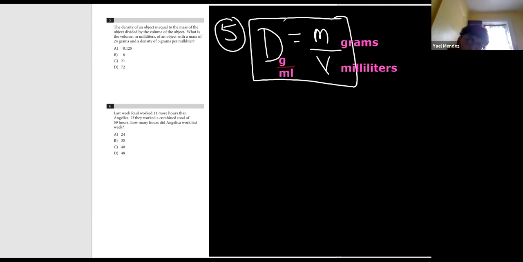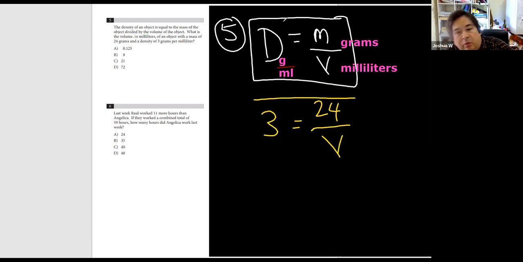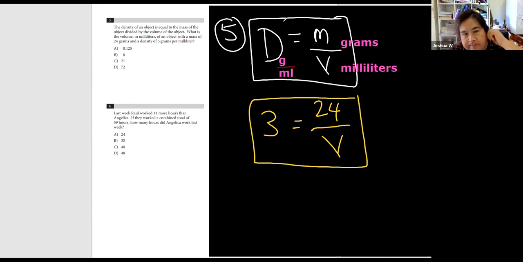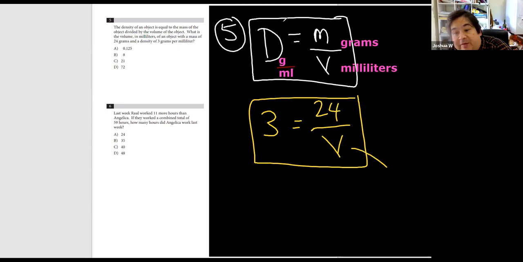Yes. 24 belongs in the numerator. We don't know the volume V. What did you get for the volume? 8V. 8V, done. Yeah, you can see that even by inspection. Or you can multiply by V and divide by 3. So 8 is correct.